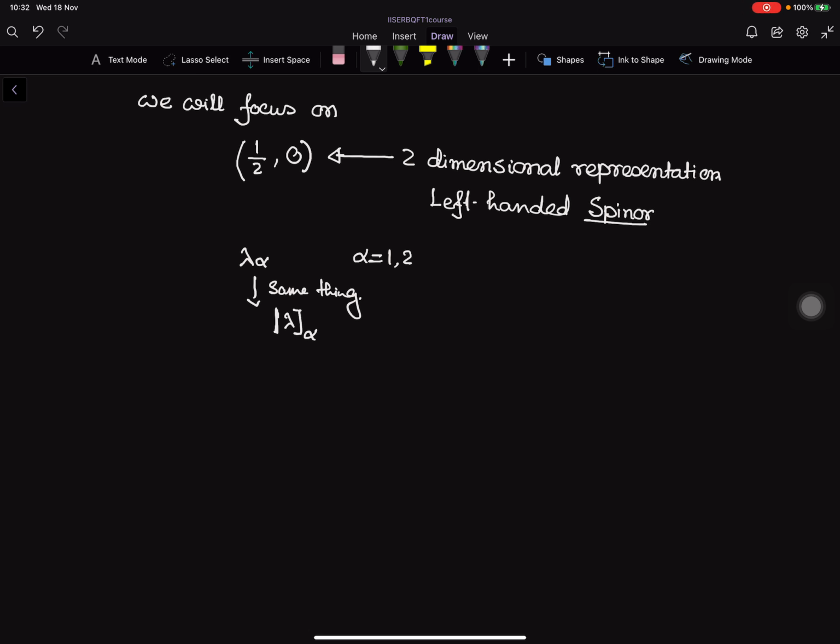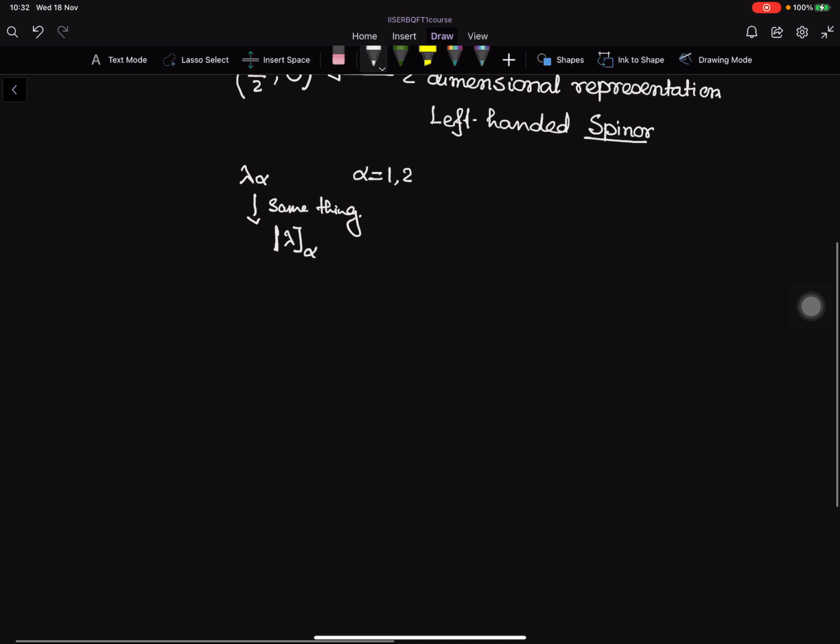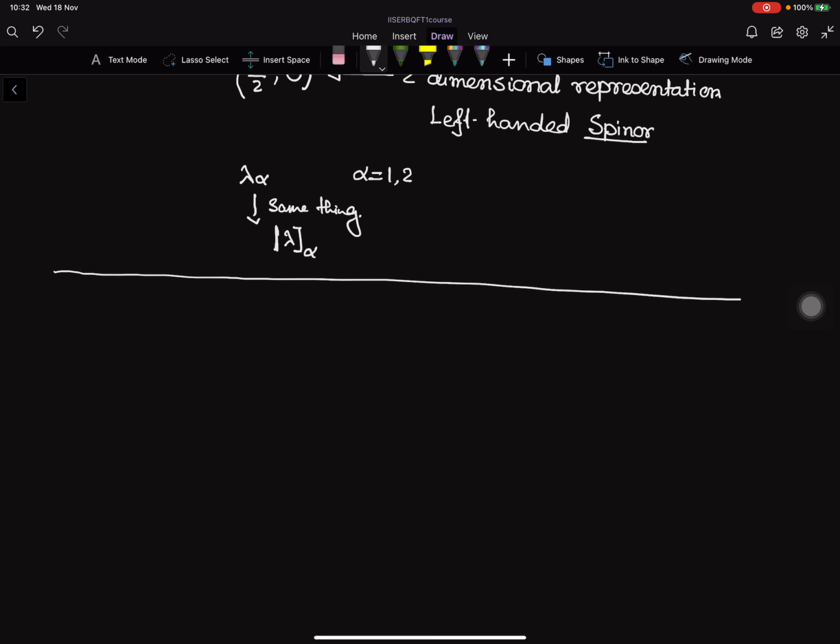Now, given two such things, firstly, the invariant tensor of SU2 is epsilon alpha beta. We can use this to also define a dot product.